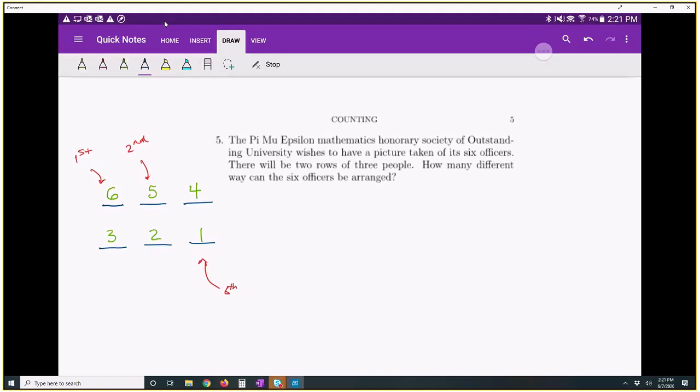So now if we apply our rule of products, for the first process I had 6 ways, then for the second I had 5, then for the next I had 4, 3, 2, 1. There are, let's see, 6, 24, 120, 720 different ways that I could arrange the 6 officers.